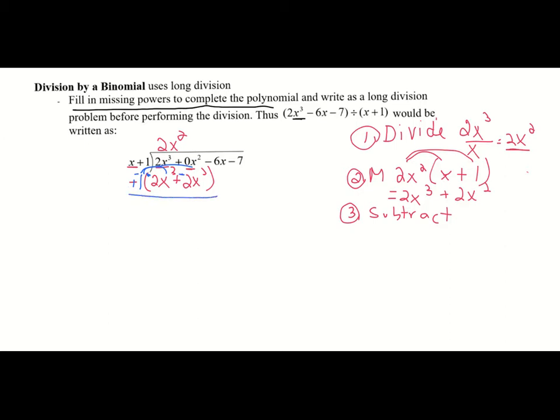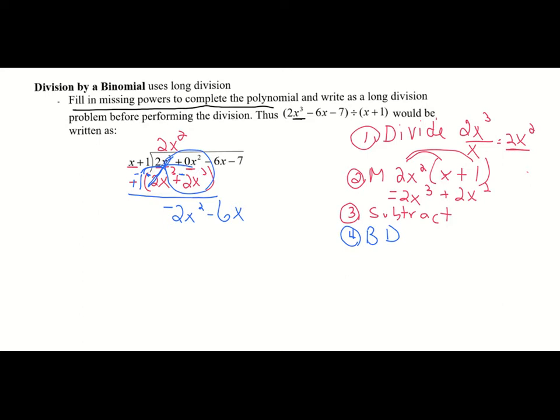Now when I combine like terms, the 2x cubed and the negative 2x cubed cancel, which you want to happen. You want to get rid of them. Then 0x squared plus negative 2x squared gives me negative 2x squared. And then we are going to bring down the negative 6x. We're going to bring down until we can't bring down anymore.